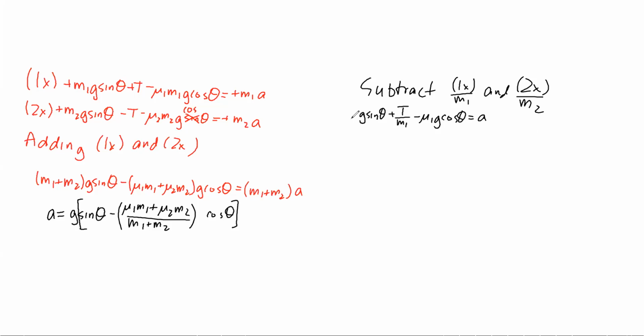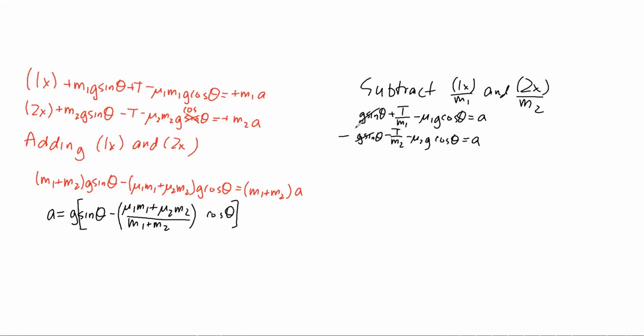That'd be 1x divided by m1, and then 2x divided by m2 is the same: g sine theta minus T over m2 minus mu2 g cosine theta equals a. Yeah, so if I divide by the respective masses to solve for a in both of them, you could set them equal to each other as well, but subtracting them makes more sense because these are going to go away.